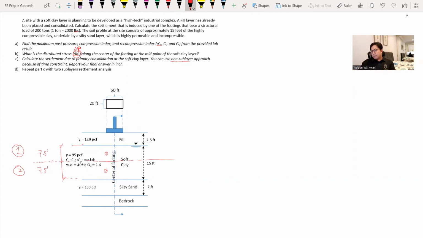And again, in settlement analysis it is very important to know which exact locations you are considering. It is always the midpoint, but the midpoint of which layer, and what particular depth. So here it will be 3.75 feet down from the top for our first layer, and the second layer will be here.